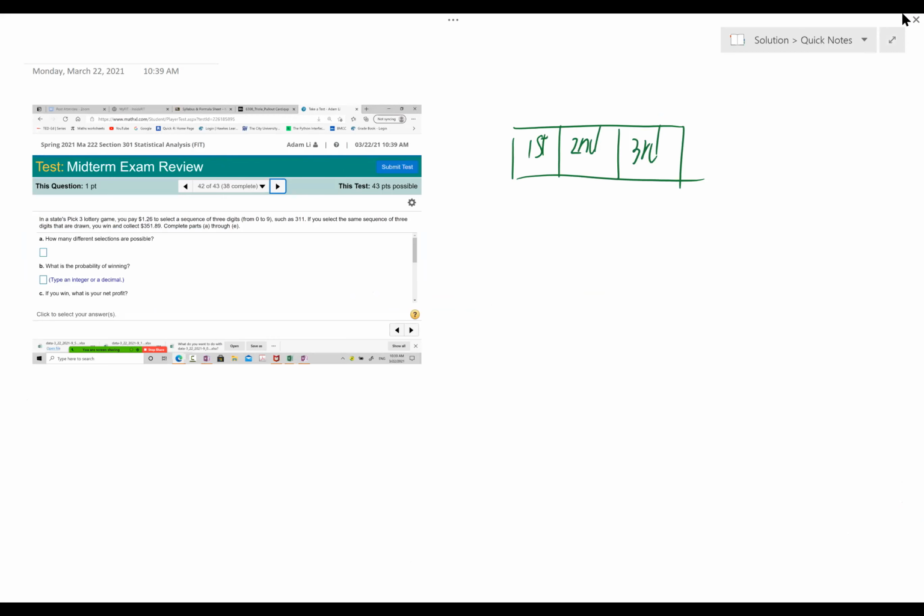For each digit, there are 10 numbers possible because between 0 and 9, 9 minus 0 adding 1 is 10 numbers. So the first digit has 10 numbers, the second digit has 10 numbers, the third digit has 10 numbers. So 10 by 10 by 10, that is 1,000 numbers.